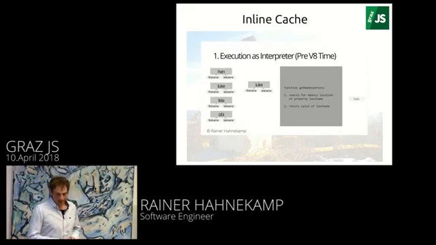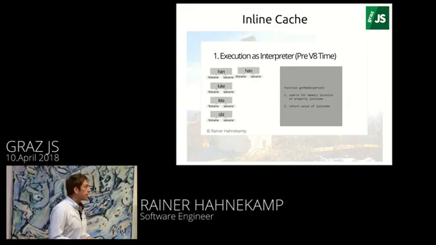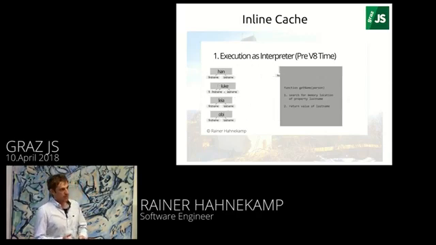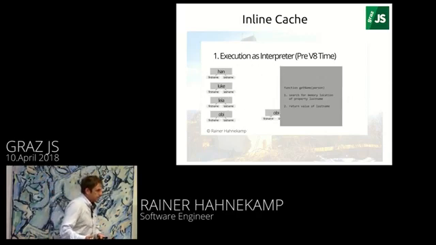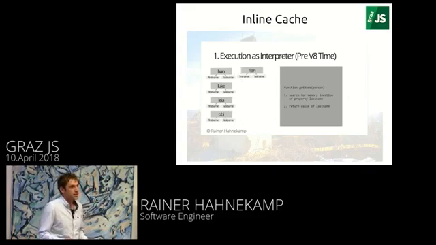Okay, so how can this work? This is the status that it was before Chrome was released. JavaScript was only interpreted, and as you can see, we have here again our four objects from the beginning, and the function on the right side. The problem is now that our function needs to return the value of this last name property. And as JavaScript is dynamically typed, the interpreter has no chance to know what objects are passed.